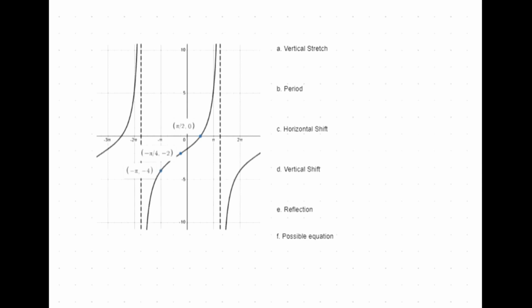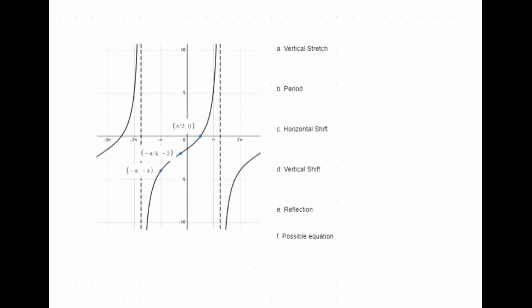Now, if you go from one asymptote to the next asymptote, that's actually one period of the graph. So after you pass this asymptote, the graph just repeats itself. So now we just need to be able to use this particular period here to determine what the equation is.